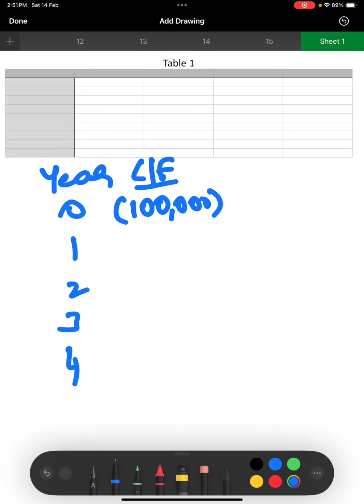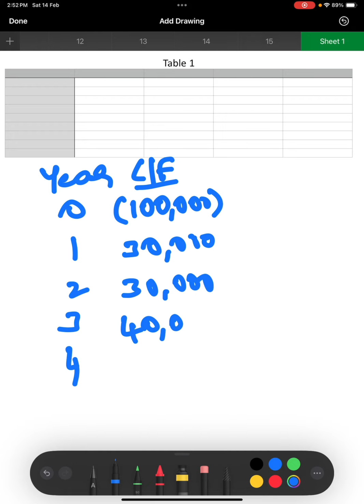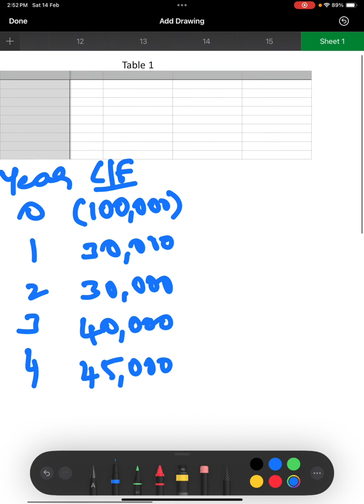Let's assume that it's 100,000, and then we have 30,000 for 2 years, then 40,000, and then 45,000. Okay, so this is normally given in the problem.